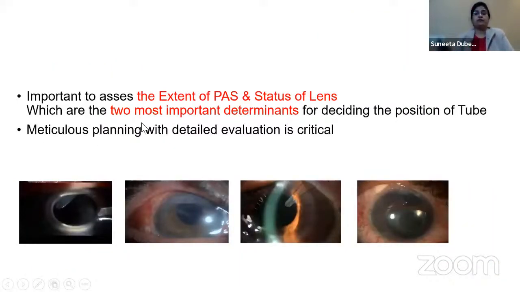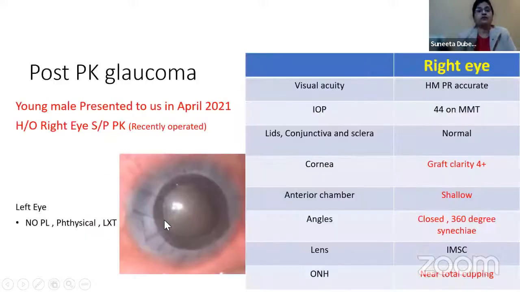Also, the two very important determinants for deciding the position of the tube are the extent of PAS and the status of the lens, and they decide if the tube is going to be put in the anterior chamber, in the sulcus, or in the vitreous.